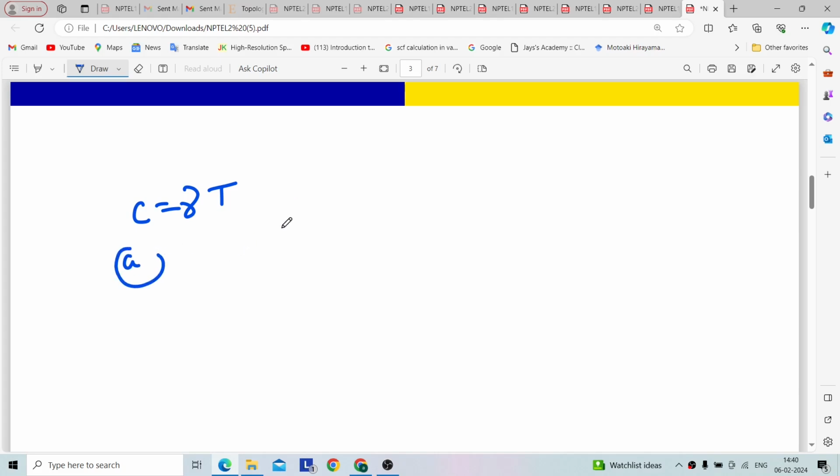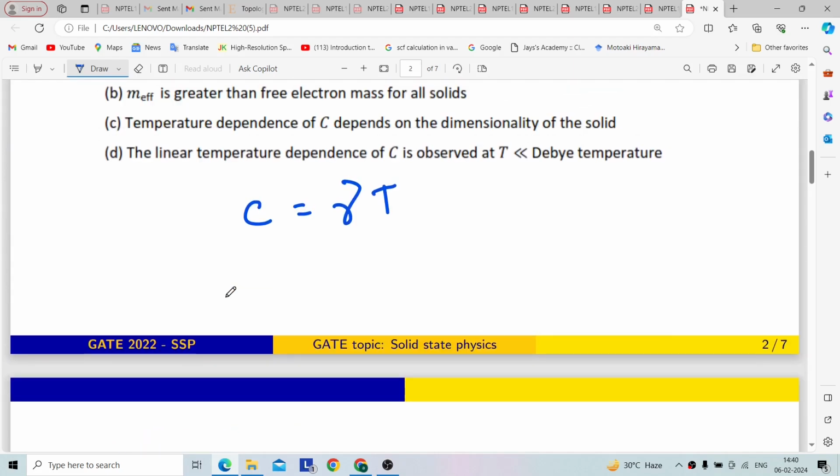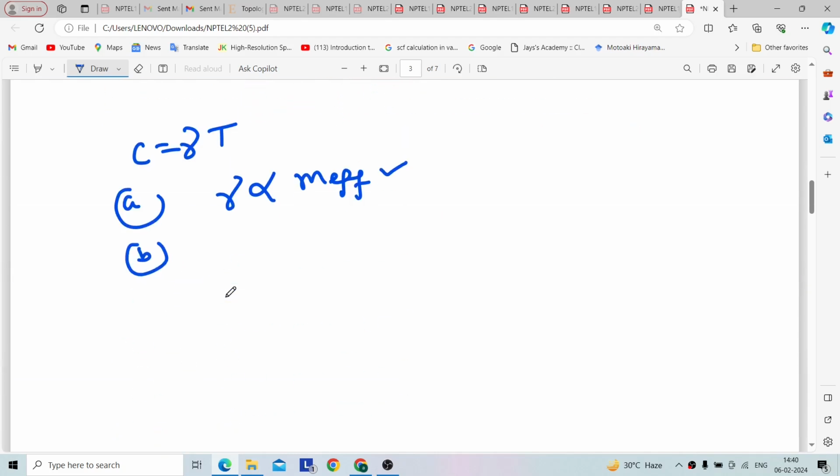The first option was gamma is proportional to M effective. Yes, this is correct, because you can see that gamma is proportional to M effective. Now coming to the B option. The B option told us that M effective is greater than free electron mass for all solids.